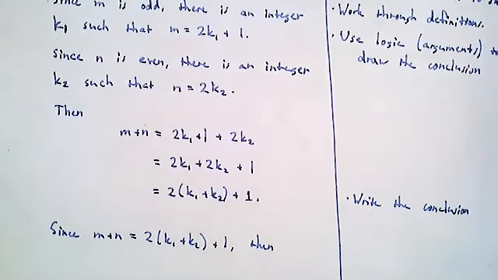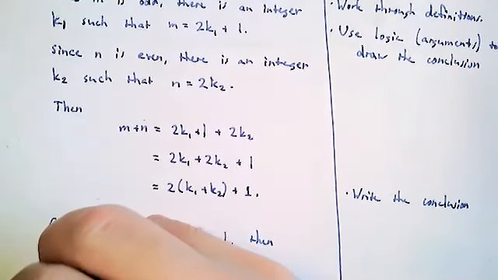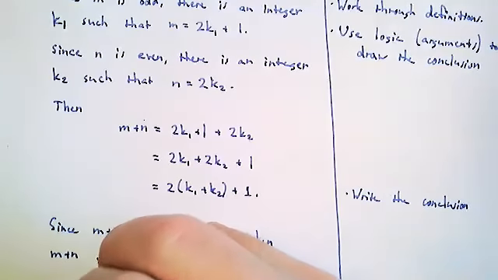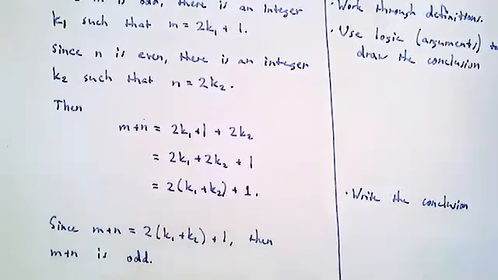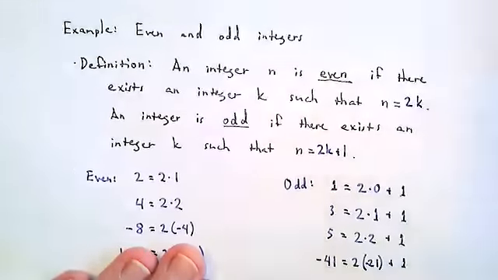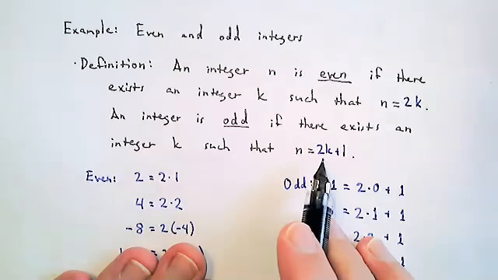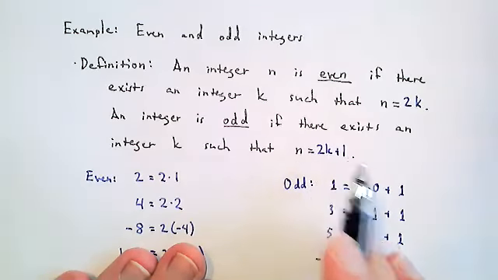So you could write a little bit more, or you could just say, then m plus n is odd. Let's just keep it brief. Because now it matches with the definition. So we showed that there is an integer where we get something of this form. 2 times an integer plus 1.